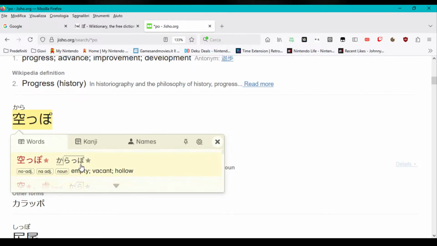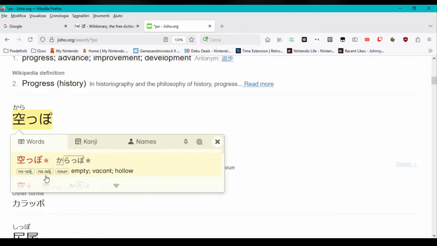So unfortunately the accent is not always kept in compounds and so on. Kara means emptiness, being empty. And then there are derived words from there. The word for empty, vacant, hollow, derived from that is karappo, both a no adjective and a na adjective.